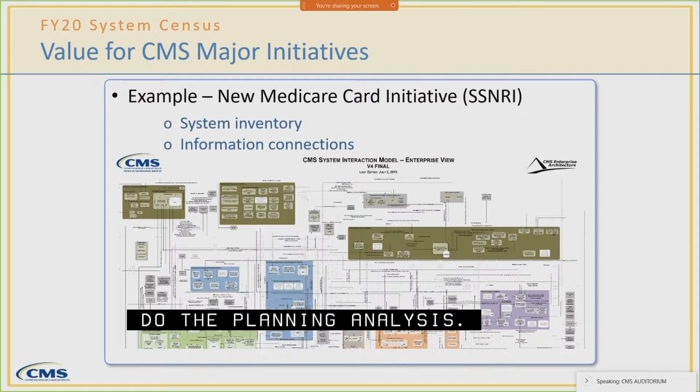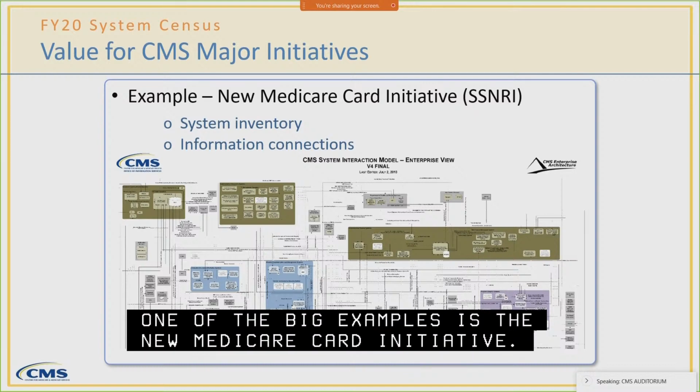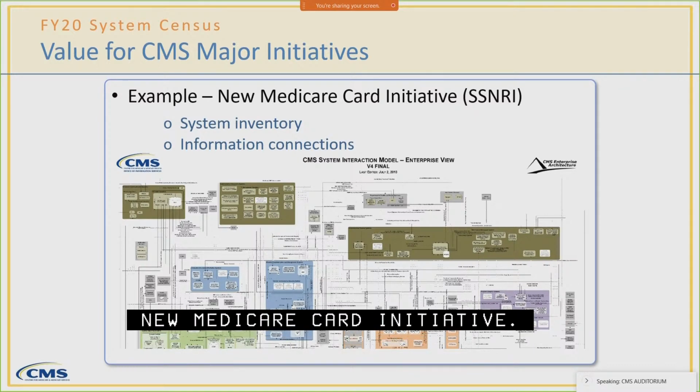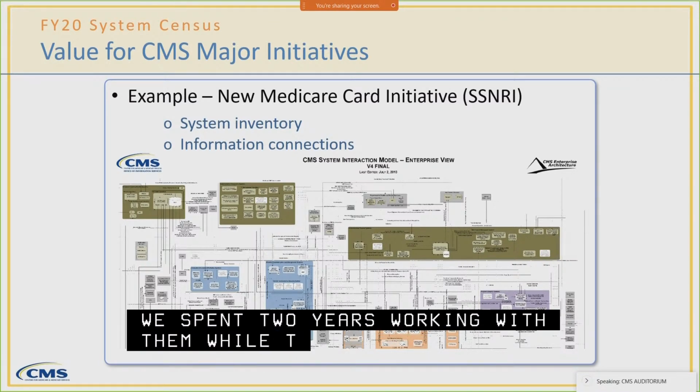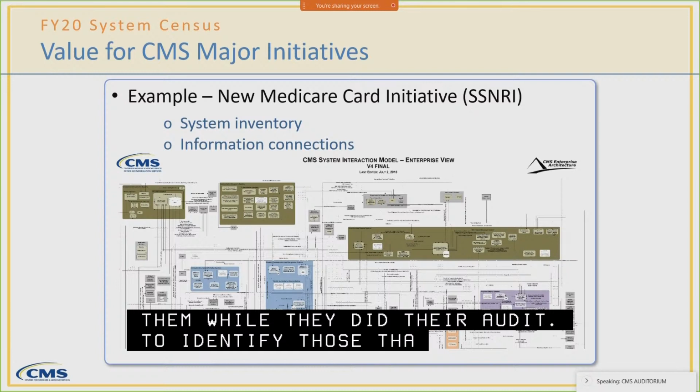One of the big examples is the SSNRI, the new Medicare Card Initiative. We spent 2 years working with them while they did their audit of all of the systems at CMS to identify those that use SSNs and how much it would cost to remove the numbers from those systems.